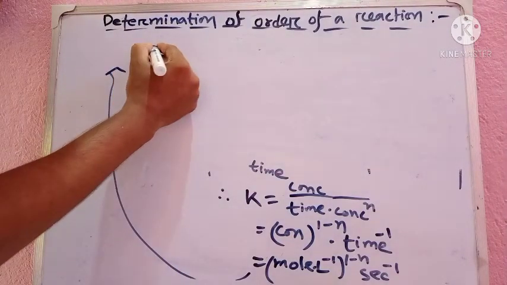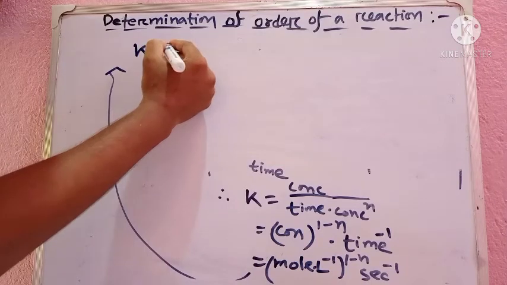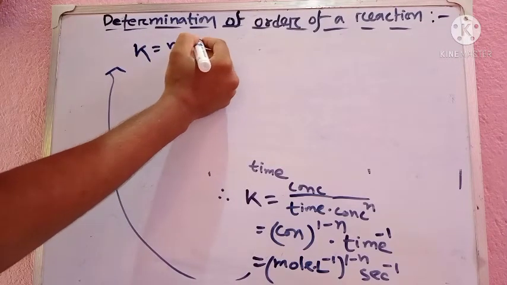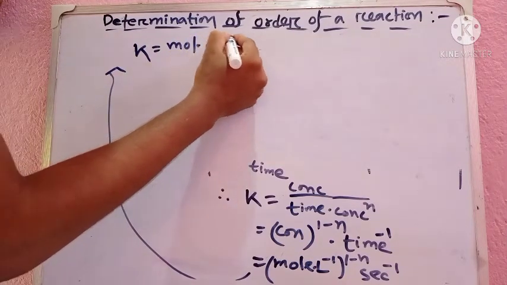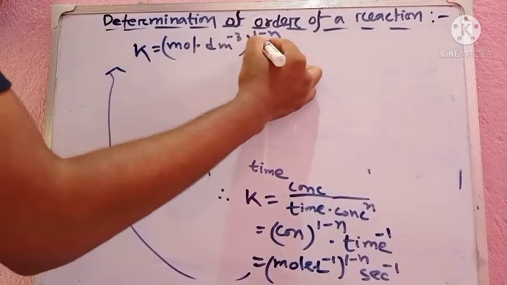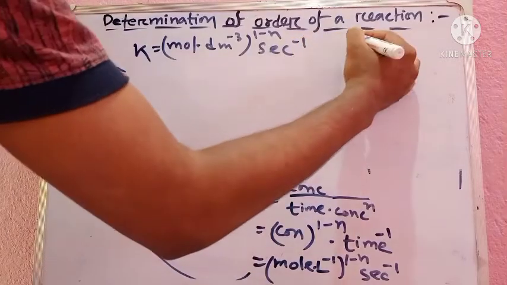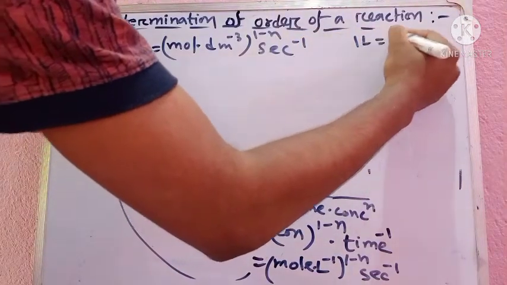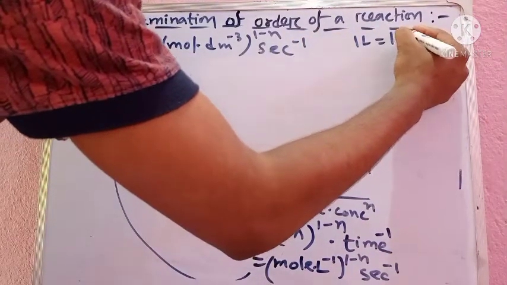Now we get k equals mole into decimeter to the power minus 3, whole to the power 1 minus n, into second inverse. We know 1 liter equals 1 decimeter cube.